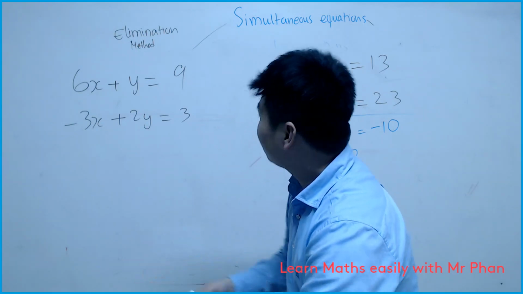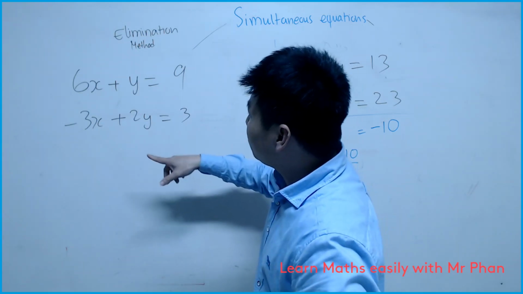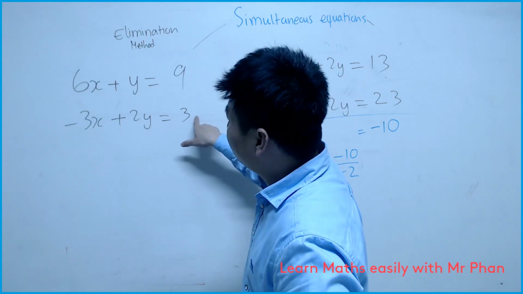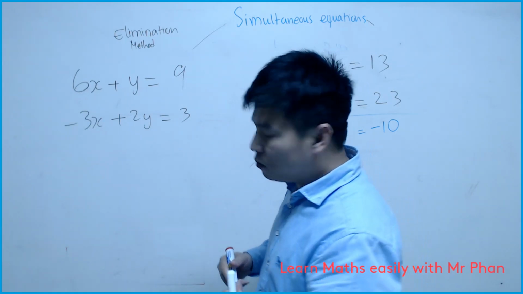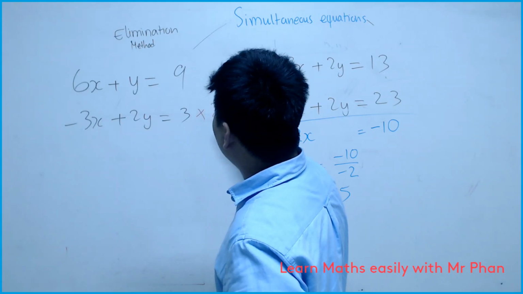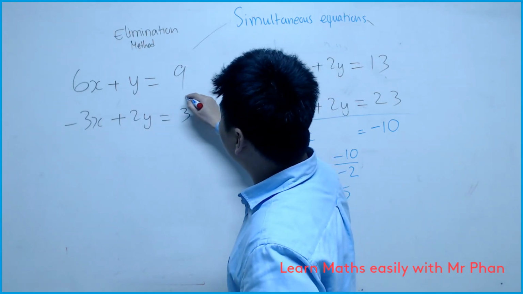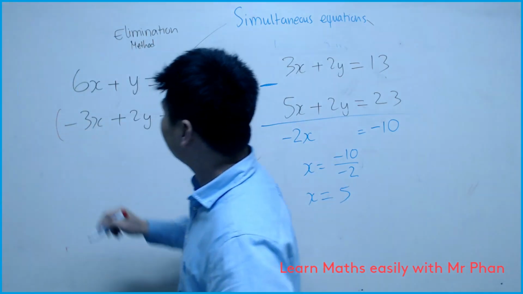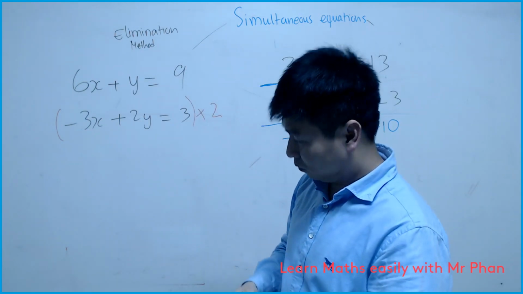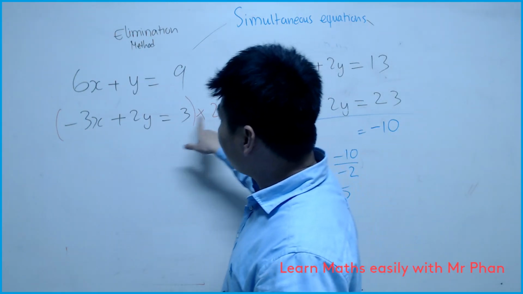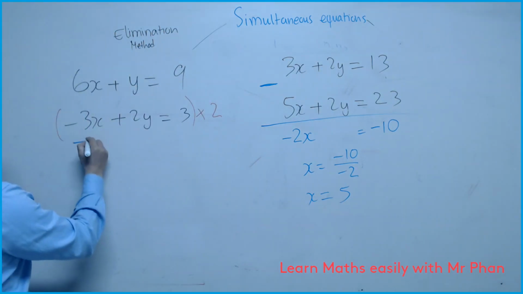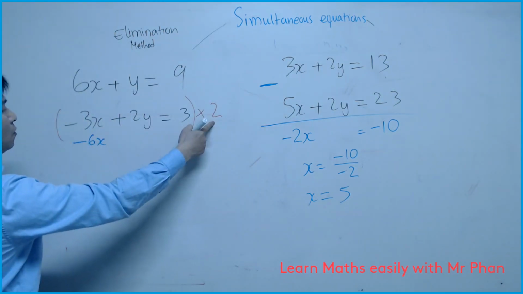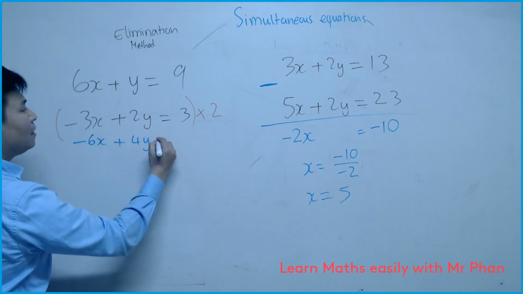How? If I multiply everything here by 2, and put the bracket here. If I multiply by 2, this becomes negative 6x, this becomes 4y, and this becomes 6.